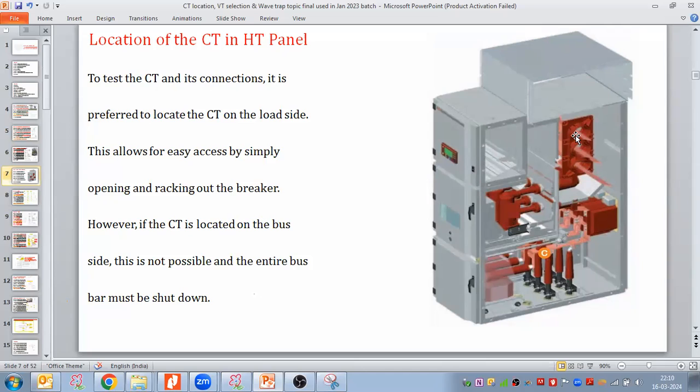And then we can do testing or any connection work at the CT. So again it is preferred to place the CT after the breaker. If the CT is located on the bus bar side, before the breaker, it is not possible to test the CT, and the entire bus bar must be shut down.